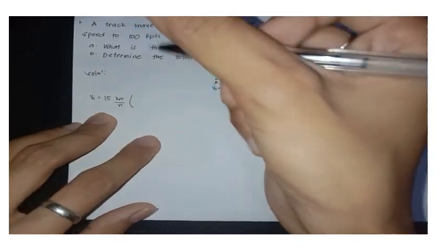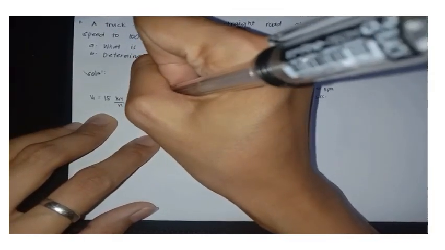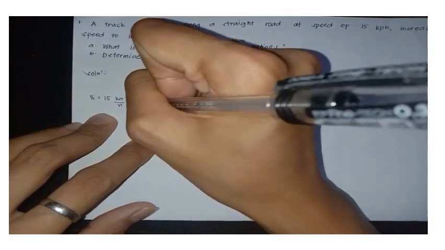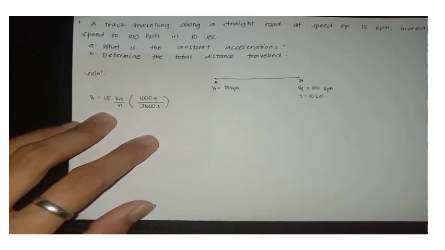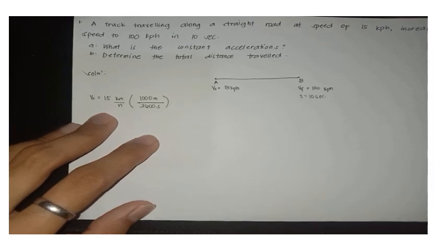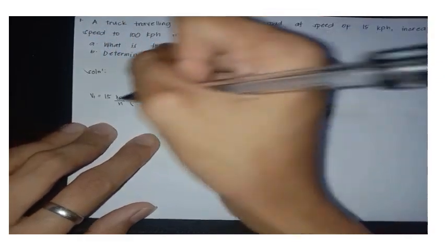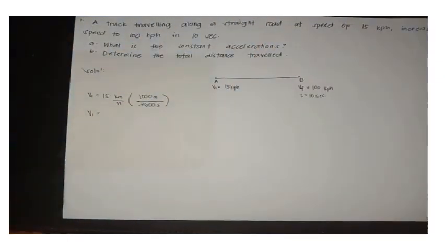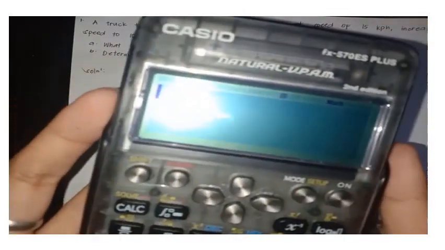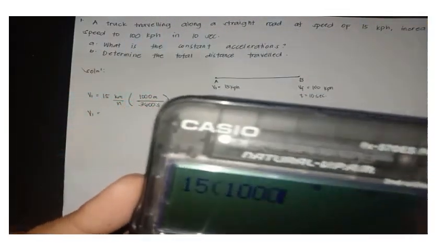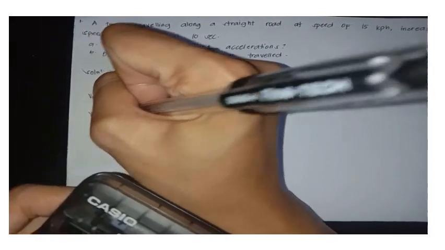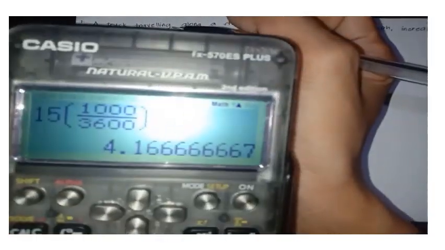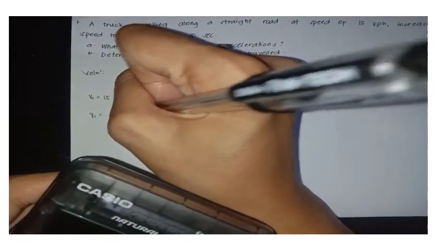To convert, we just have to multiply by 1000 meters over 3600 seconds, since 1 kilometer is equal to 1000 meters and 1 hour is equal to 3600 seconds. So we have 4.17 meters per second.